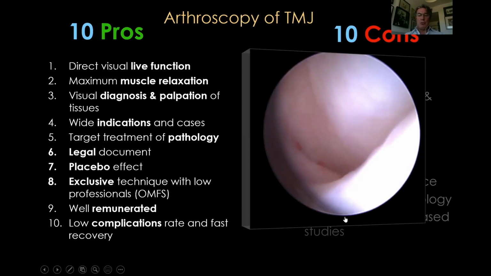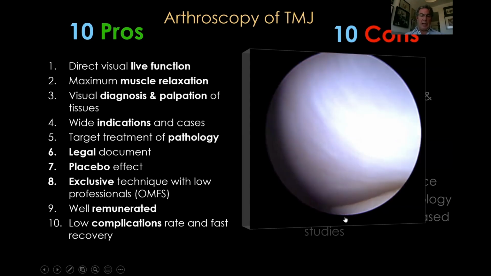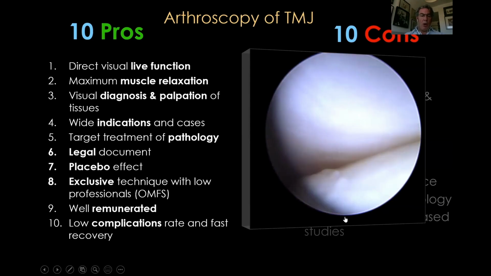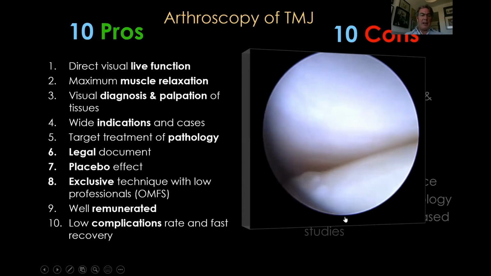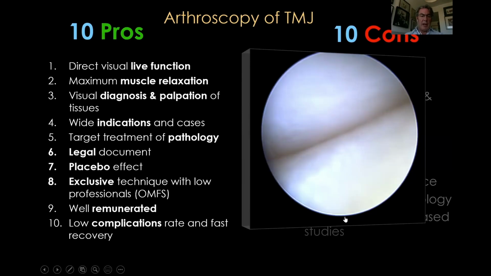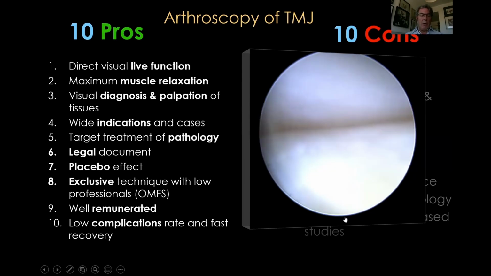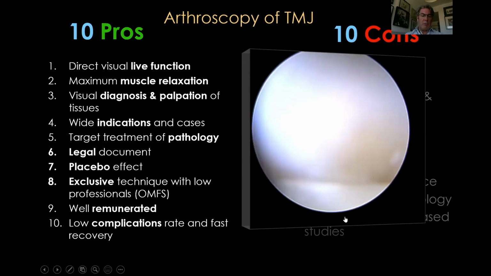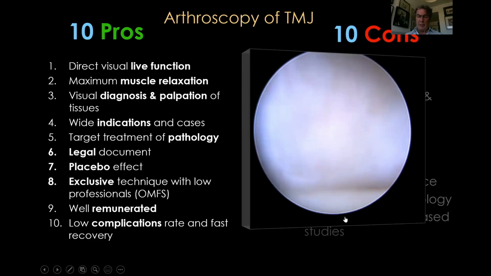We can treat directly the pathology that we're seeing. Also, we have a very good legal document. Also, there is a placebo effect, very important, don't forget about it. It's an exclusive technique of oral and maxillofacial surgeons, can be well remunerated, with a low complication rate.